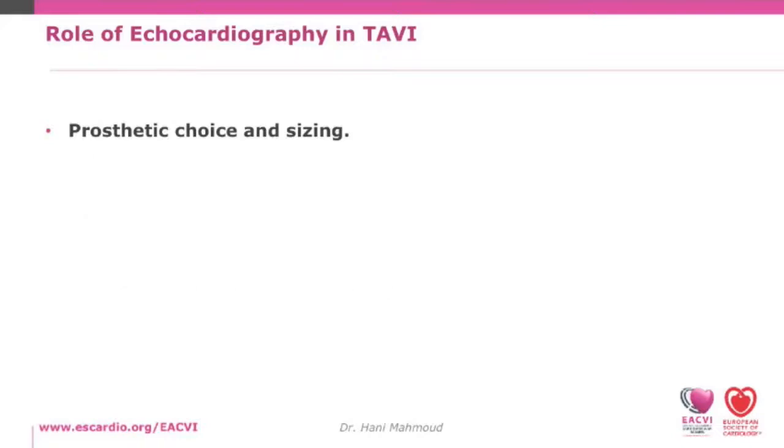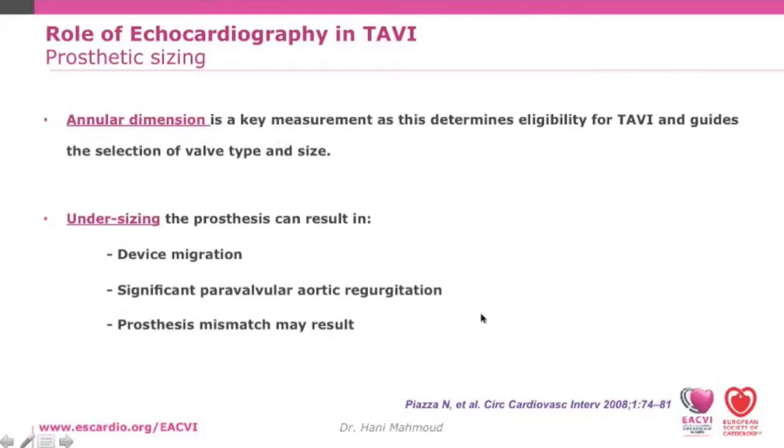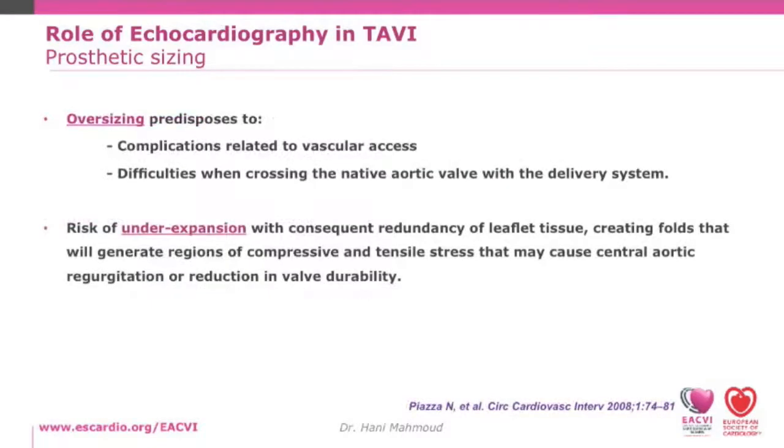Prosthetic sizing and choice is a very crucial step in procedural success and safety, because undersizing of the prosthesis can cause device migration, significant paravalvular aortic regurgitation, and prosthesis mismatch. And oversizing can cause complications related to the vascular axis, and sometimes it will be difficult to cross the native valve.